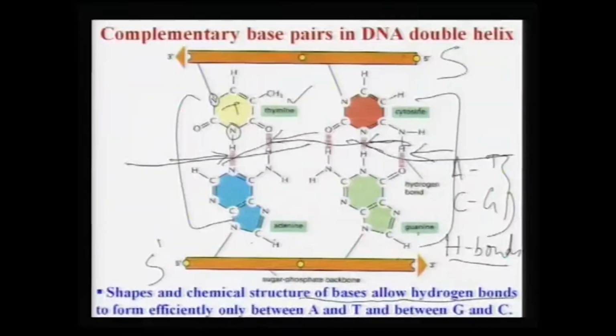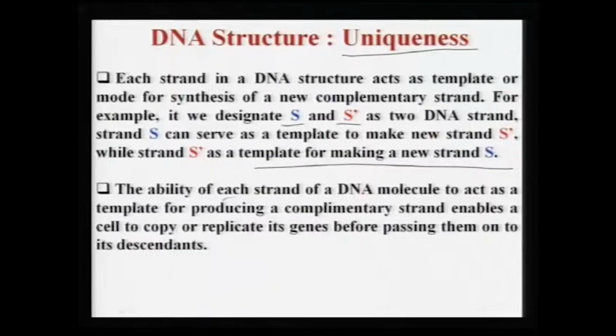Now, the only thing that they require is the opposite bases. Now, T is there, C is there, and the moment they find A and the moment they find G, simply A and G can be fixed to the S prime and can form another DNA molecule. So, that is what has been mentioned here: the ability of each strand, either S or S prime of a DNA molecule, to act as a template enables producing a complementary strand and enables a cell to copy or replicate its genes.